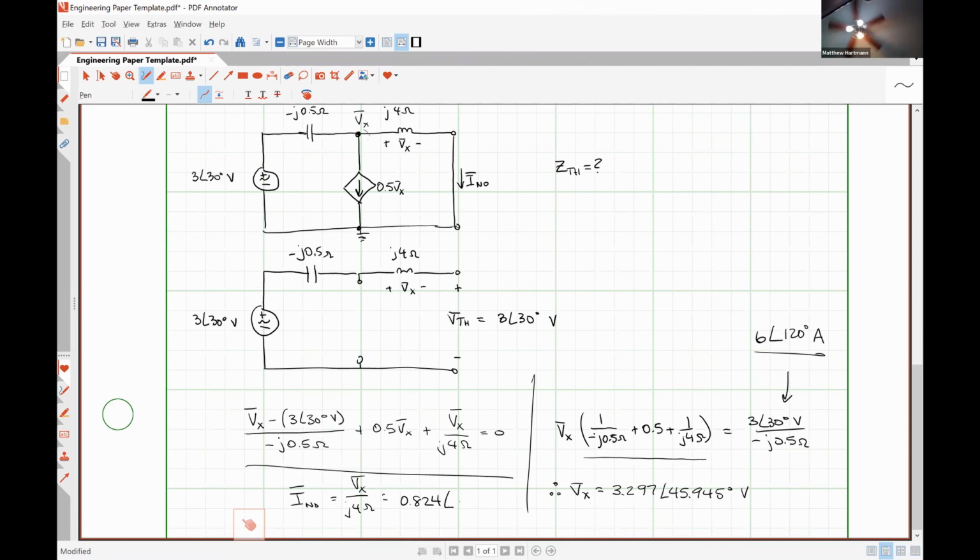That's 0.824 angle negative 44.055 degrees amps.